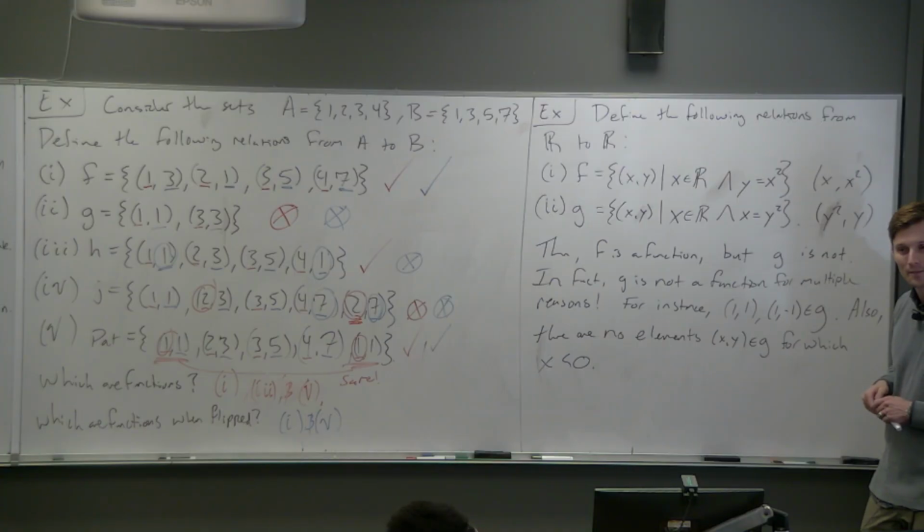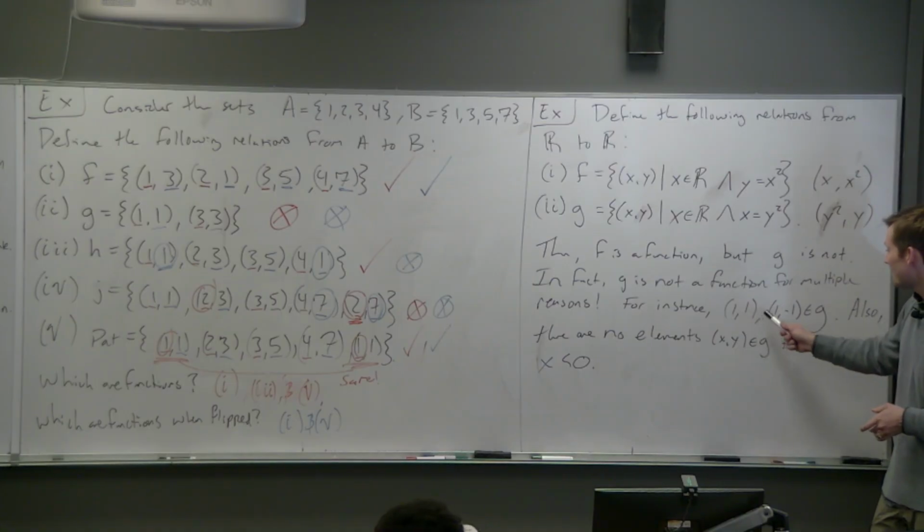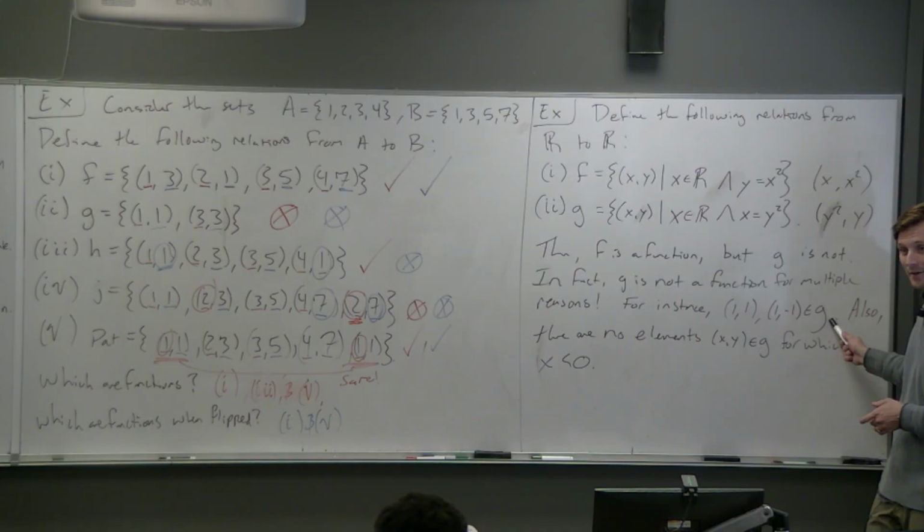Can y be less than 0? Indeed, as we see right here, yes, y can be less than 0, right? Are there any y's that you can't get? No, right?